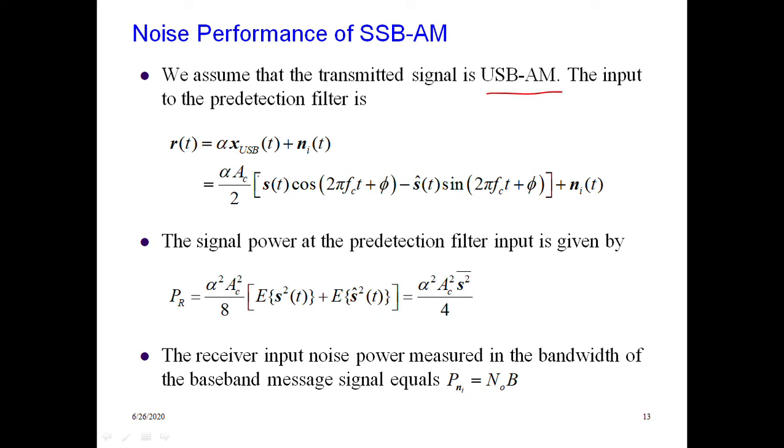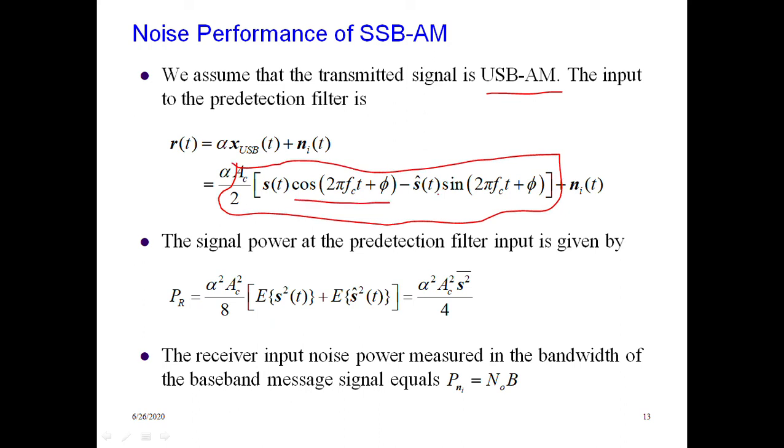For USB, the formula is AC divided by 2, S(t) multiplied by the carrier c(t), minus for USB, S hat, which is the Hilbert transform of the signal, multiplied by the Hilbert transform of the carrier. Hilbert of the cos is a sine. Of course you have to include the noise and also the attenuation level, usually given by the system, or we can calculate it, but in this question it is given.